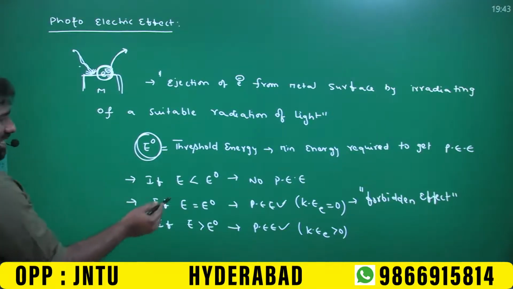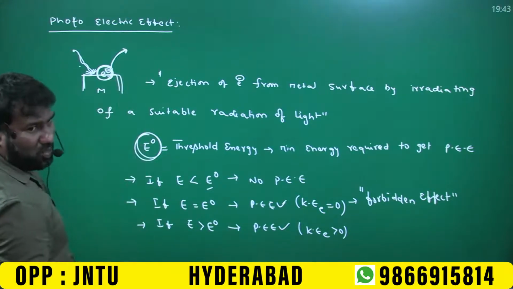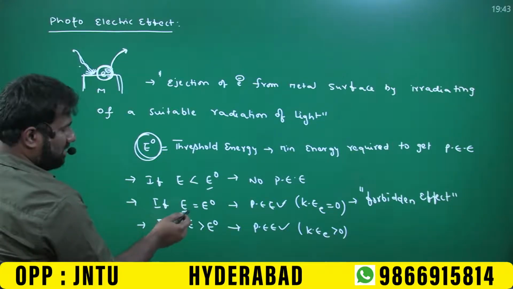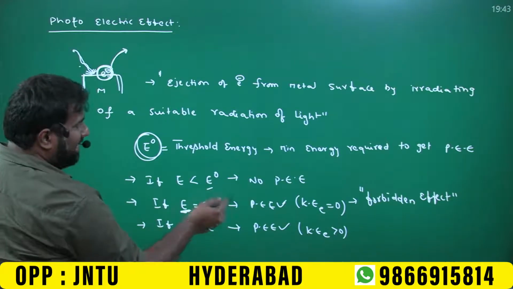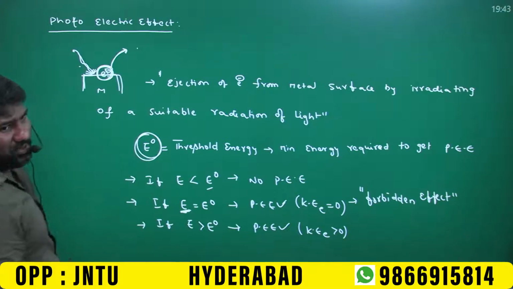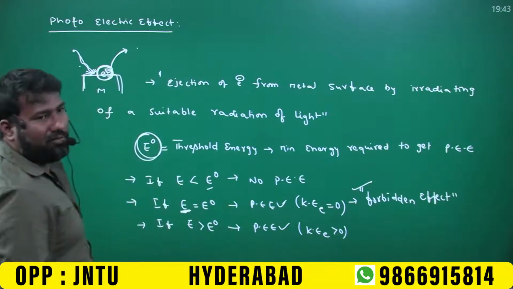If the energy is less than threshold energy, there is no ejection of electron. If the energy of the radiation is equal to threshold energy, the electron is simply ejected out and does not move anywhere, meaning the kinetic energy of the electron is zero. That kind of effect is called forbidden effect.